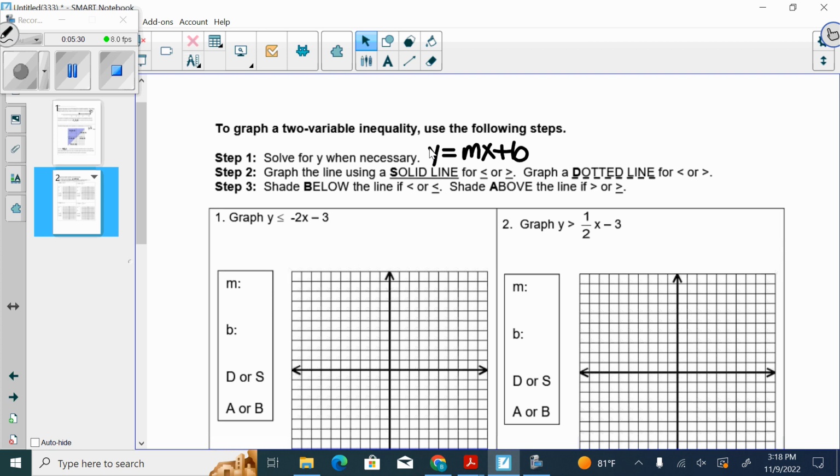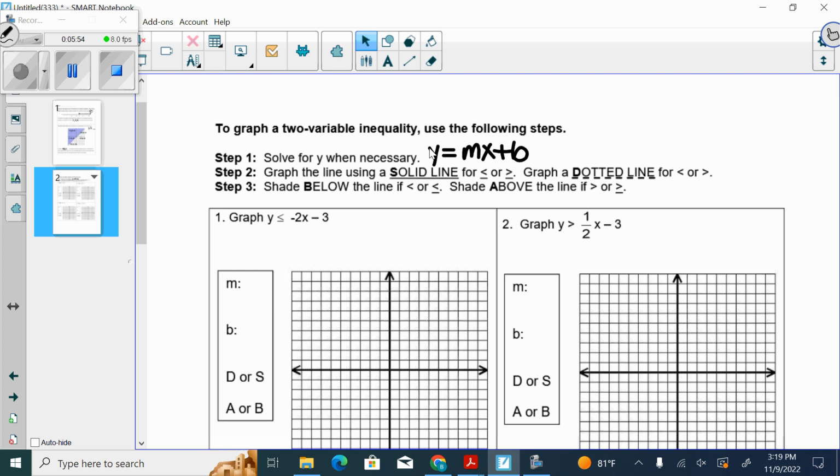Step 2 says you're then going to graph, and when you put the line in between your points after you've plotted all your points, you're going to use a solid line if it's a greater than or equal to or less than or equal to symbol. But if there is no equal to sign, like these two inequalities right here, you connect your points with a dotted line.